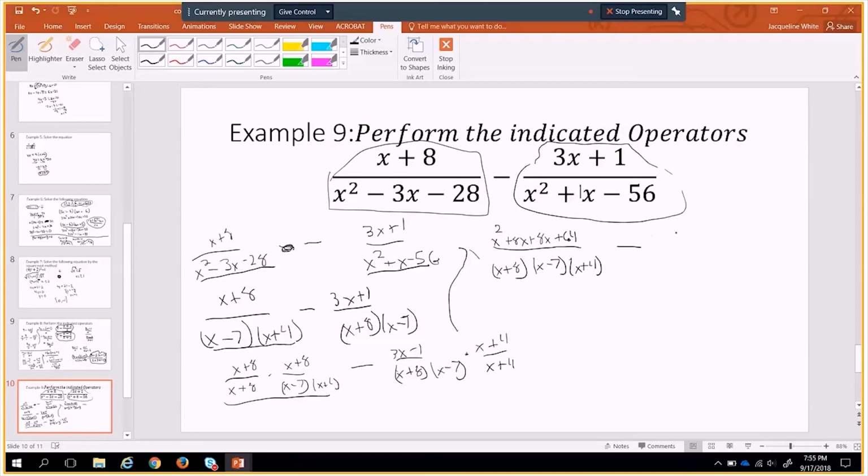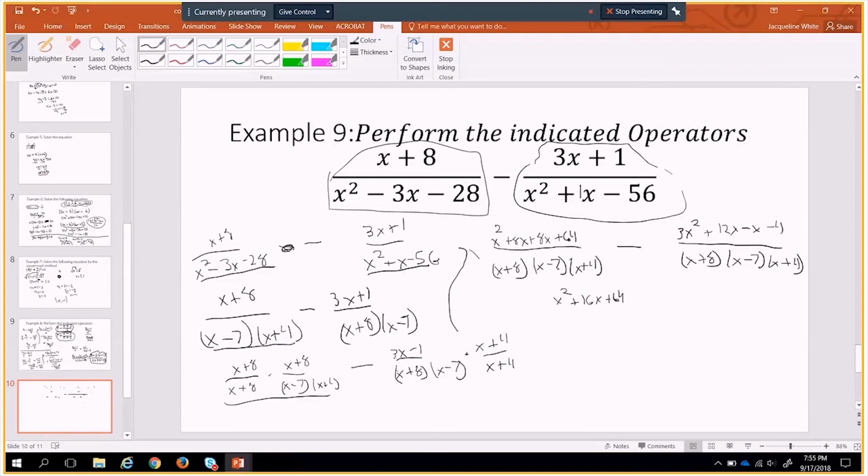Subtracted by 3x minus 1 times x plus 4. So that's 3x squared plus 12x minus x minus 4, all over the same denominator, x plus 8, x minus 7 times x plus 4. Now we have to combine like terms, so that's going to be x squared plus 16x plus 64.